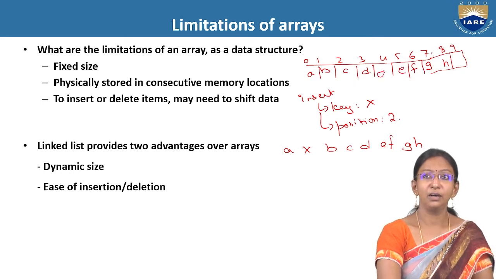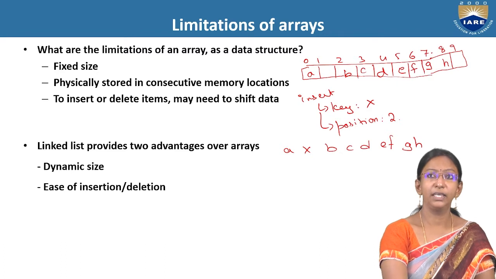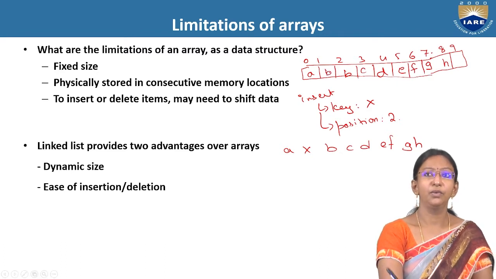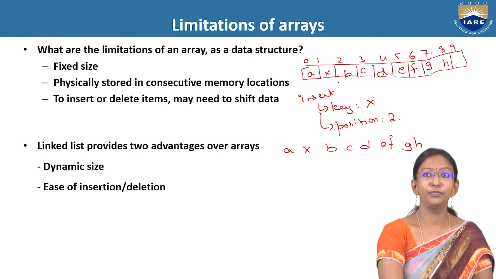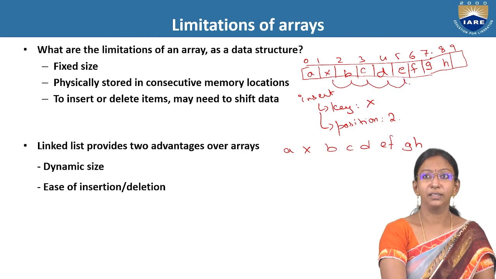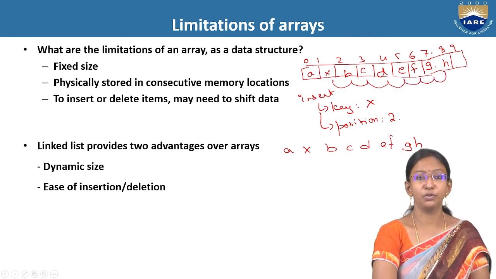So this is how you are going to provide space. Now B and C have moved, and here B will be overwritten with the element you want to insert, which is X. See how many shift operations you have done to insert an element at a given position.